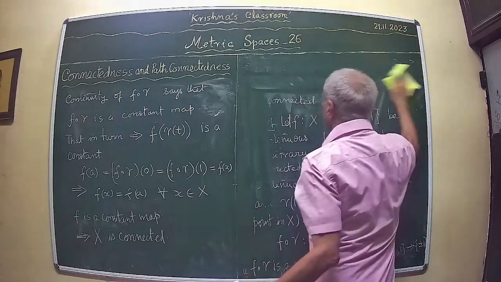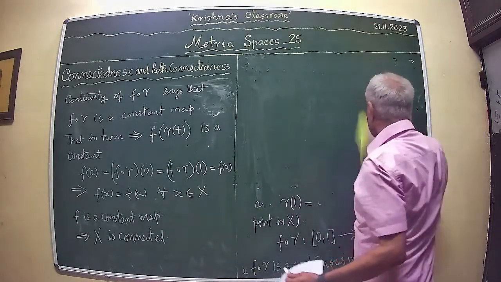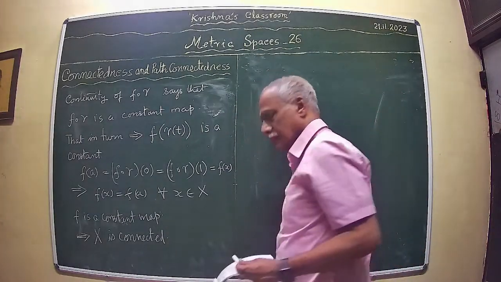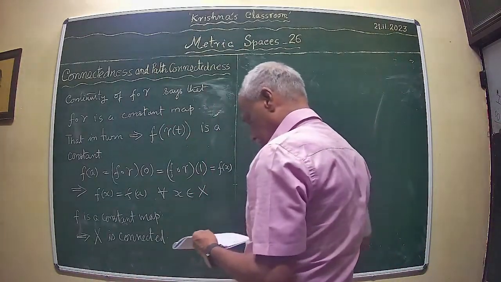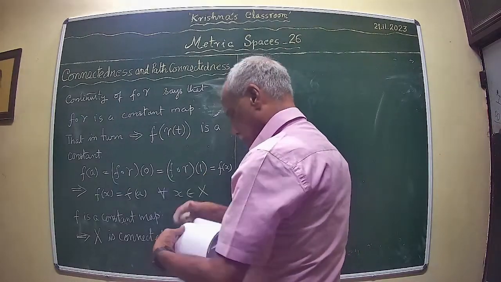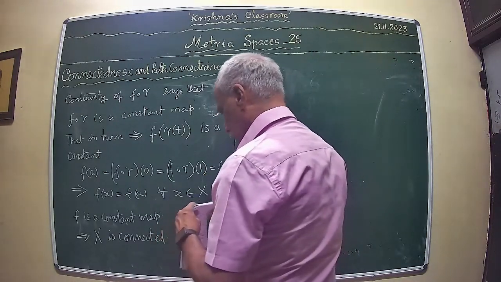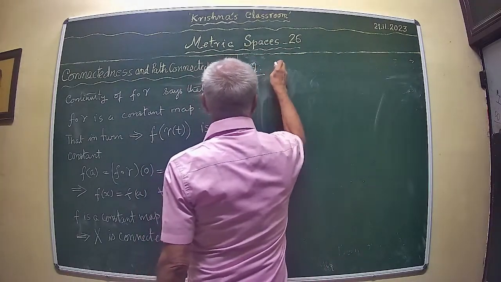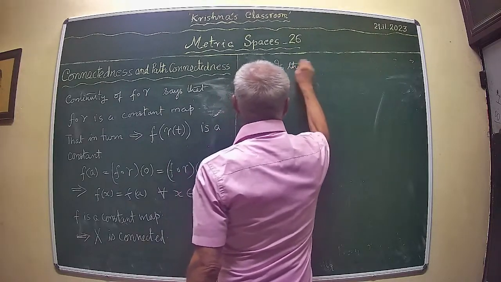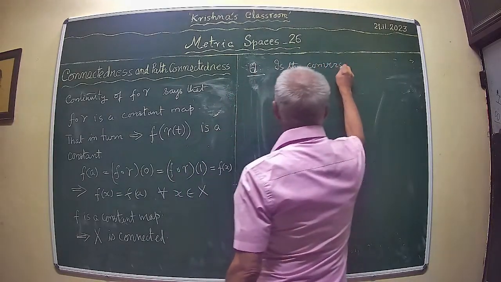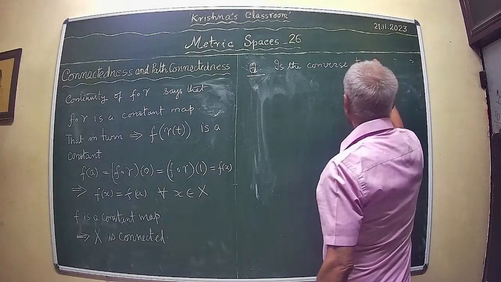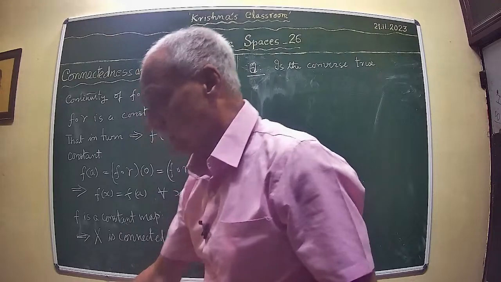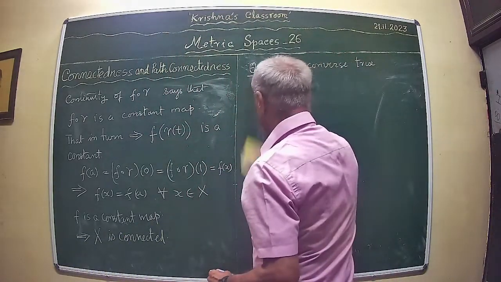Now we get to the converse of this, whether it is possible or not. So the question that comes up is, does connected imply path connected? It is not true, because we have already seen an example where a connected space need not be path connected.